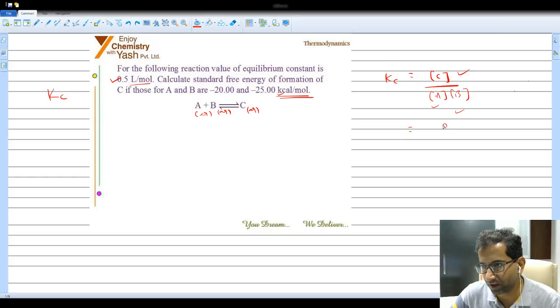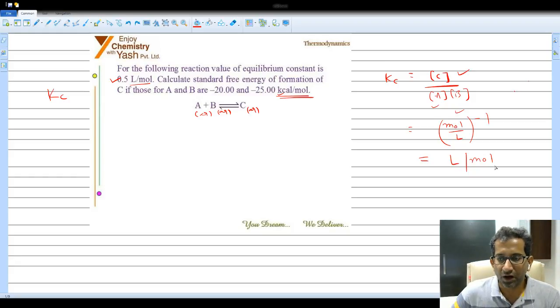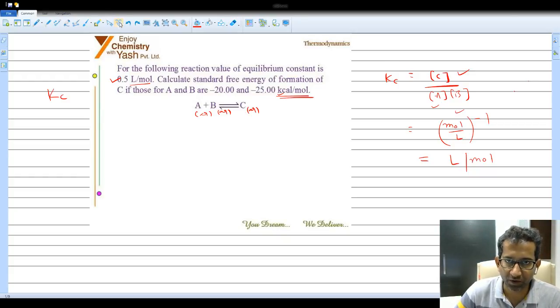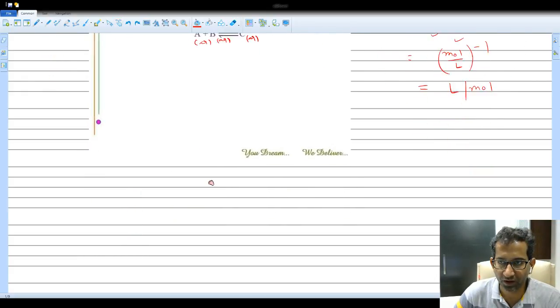That will result in mole per liter raised to minus 1, and ultimately it becomes liter per mole. It's clear? So our strategy should be, first of all, using the value of 0.5 liter per mole, we can find out delta G0, and delta G0 will be the standard free energy of formation of product minus standard free energy of formation of reactant, and that will give the answer to our question.